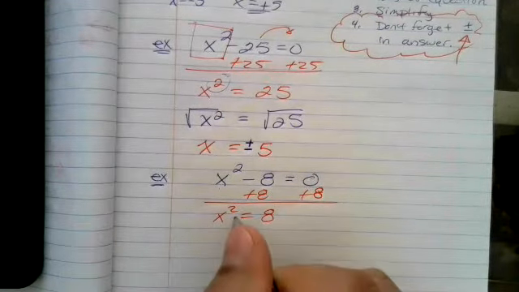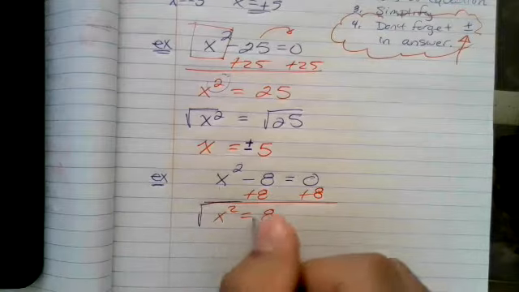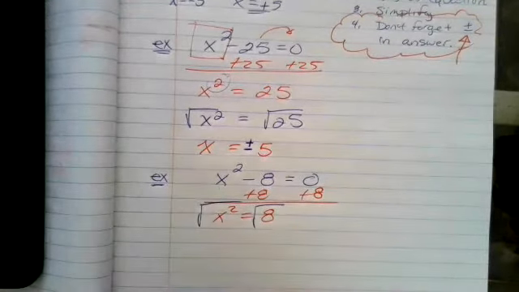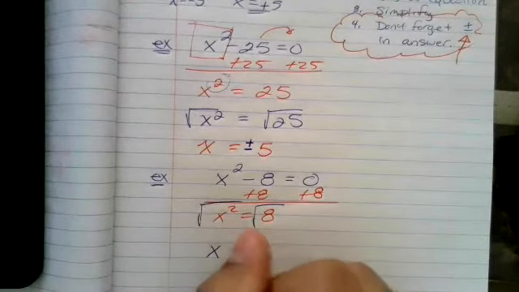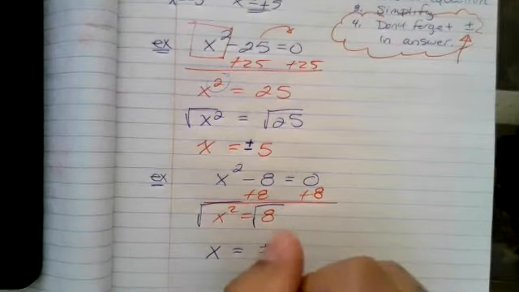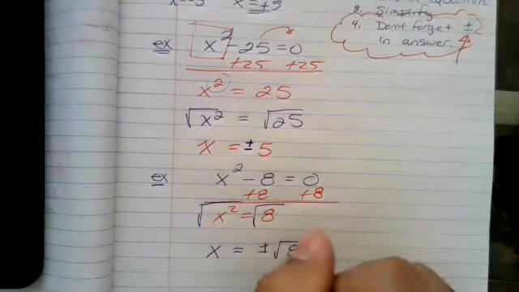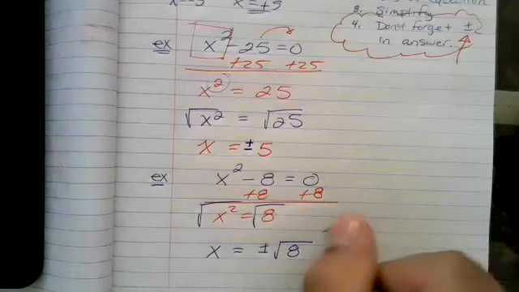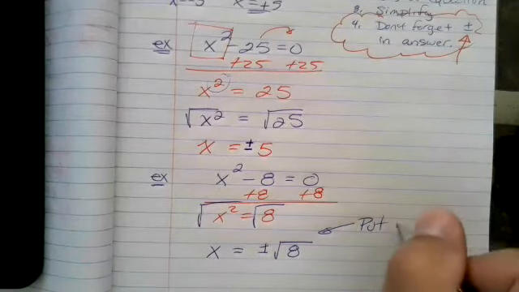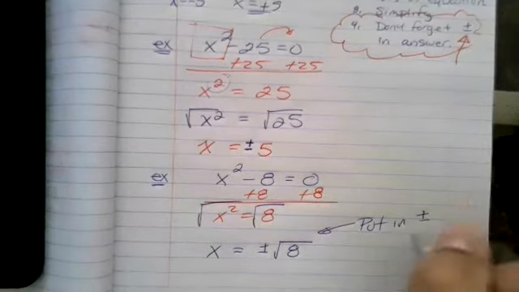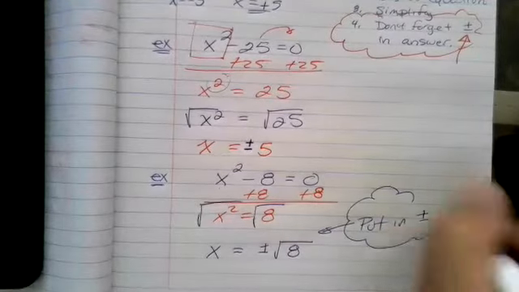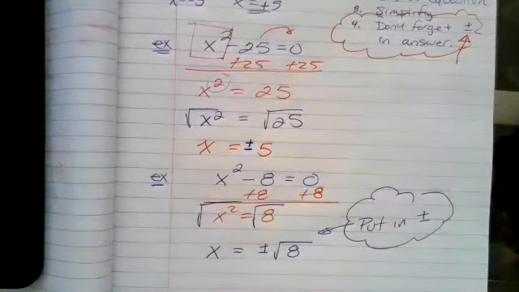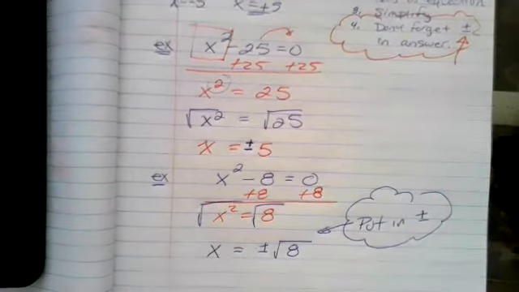I want to get rid of my square, so I'm going to take the square root of both sides. So I'm going to have x is equal to plus or minus radical 8. Right after you take the square root, you want to put in that plus minus sign.